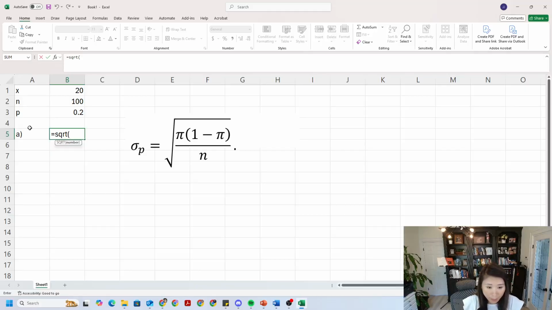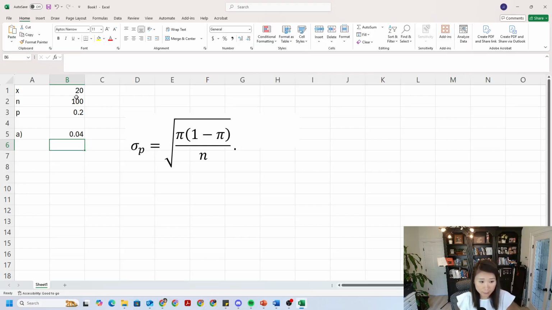Like I said, pi is the population proportion, and the expected value of p is equal to pi. So you use the p value, 0.2, times parentheses 1 minus p, close the parentheses, and then divide by the sample size 100. Now you can close the parentheses for your square root, and you get the standard error equal to 0.04. It's literally just following the formula.